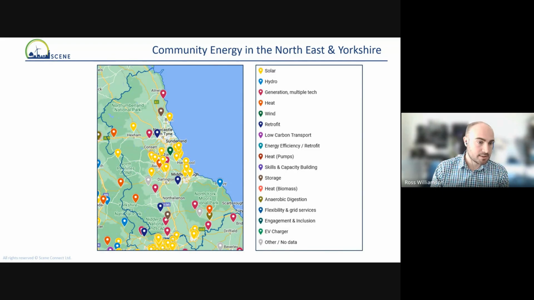The majority of projects are solar, in rural areas and quite small scale. So there's definitely capacity in North Eastern Yorkshire to increase the amount of community energy projects. There are probably fewer projects in this region than in others in the UK, but that means there's a real opportunity for community energy groups to really progress this and power on.